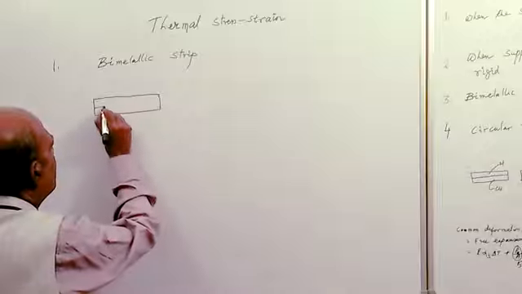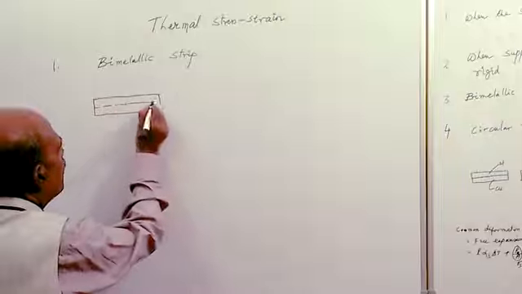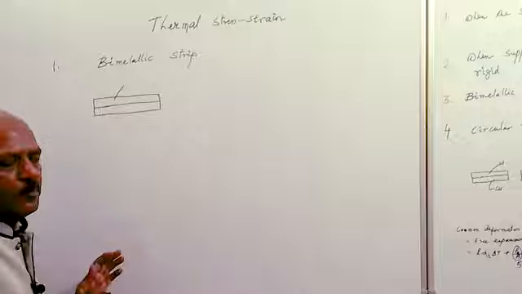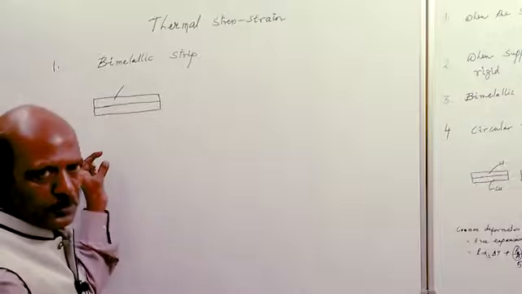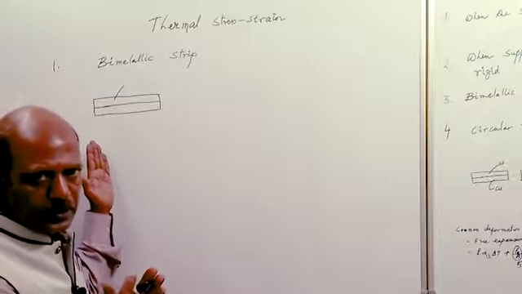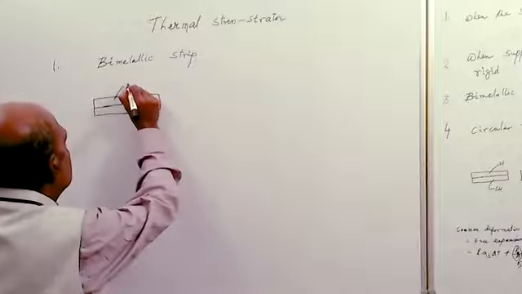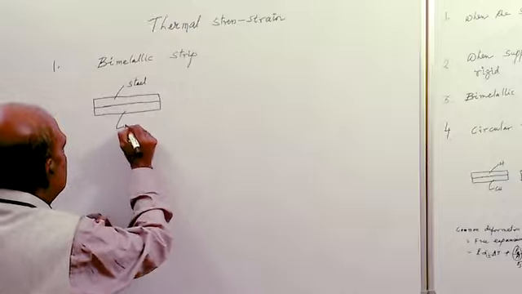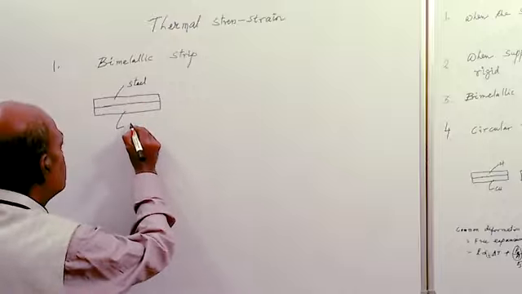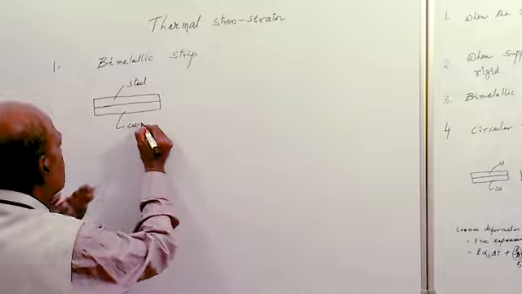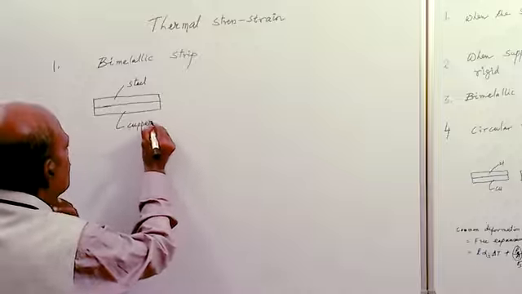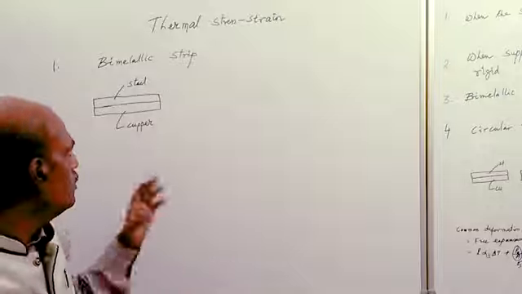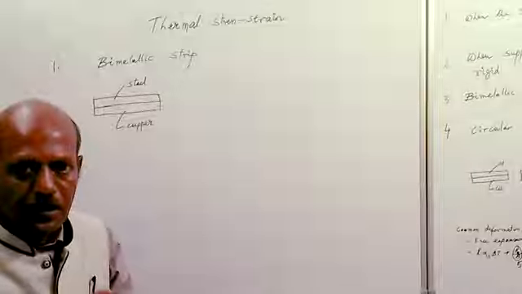The top one is made of steel and the bottom one is made of copper. So this bar is made of steel and copper.